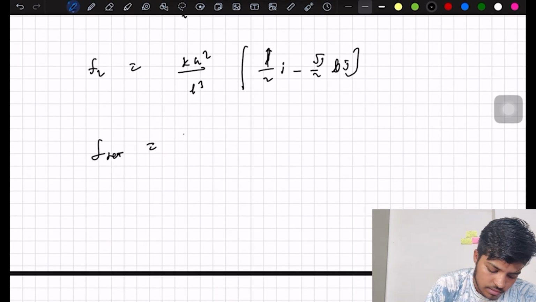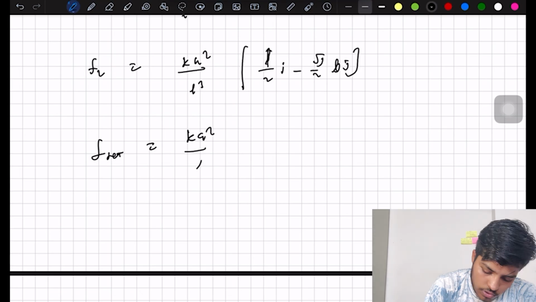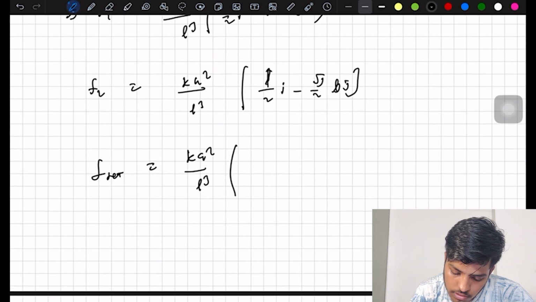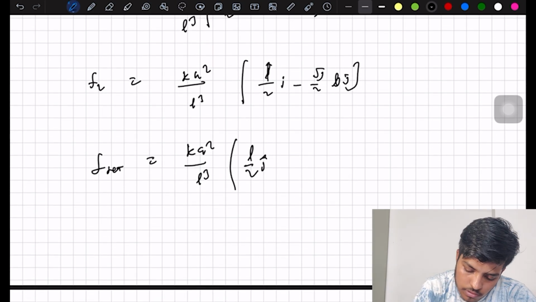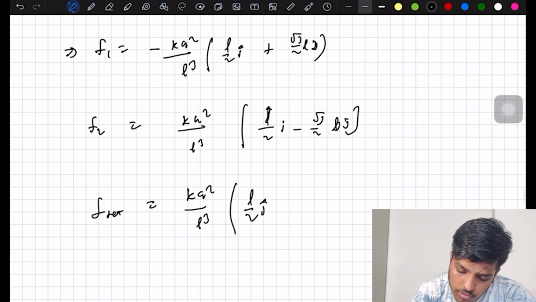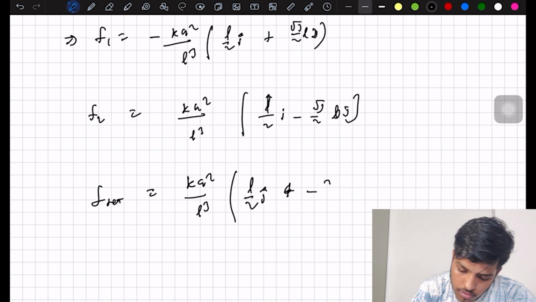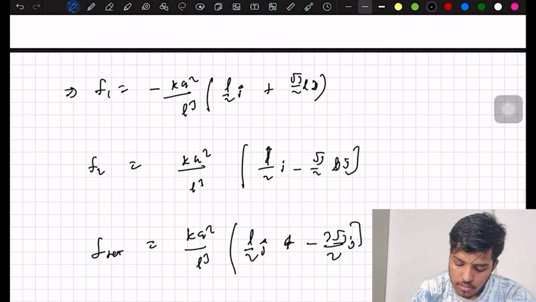So F net equals KQ square upon L cube into, so this minus this, L upon 2 I cap plus minus 3 root 3 upon 2 J cap, right?